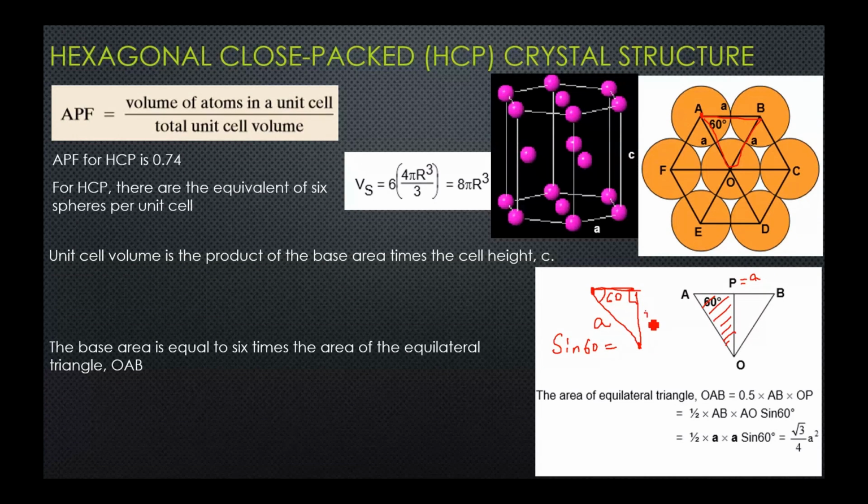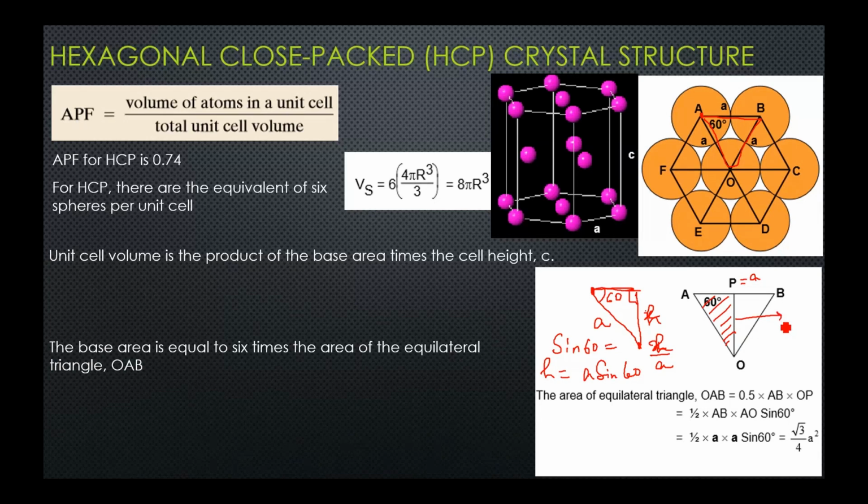Perpendicular over hypotenuse, so it is essentially x upon A, and instead of x I can write height, so h upon A. So h is essentially A sine of 60. Clear?